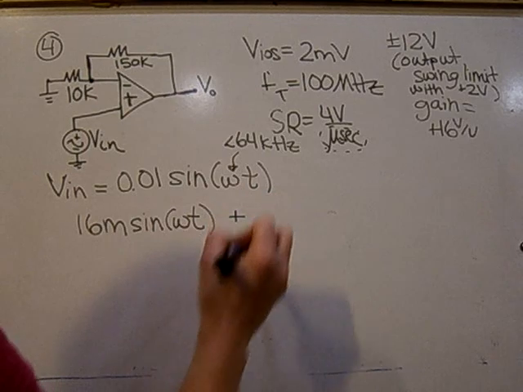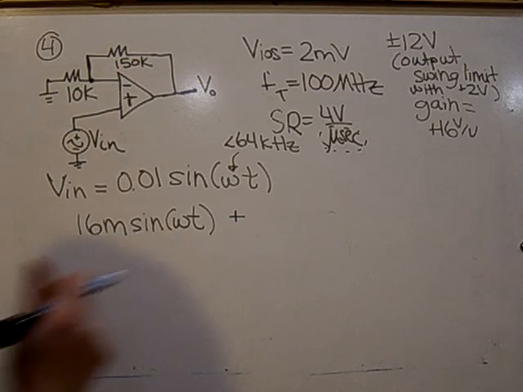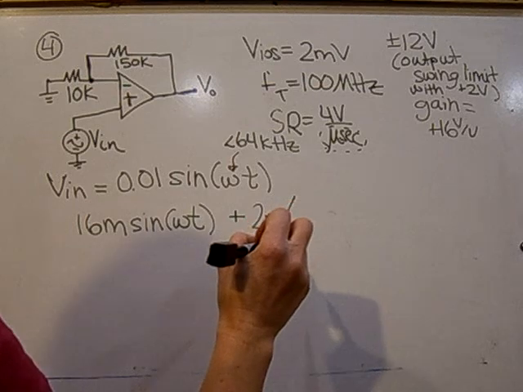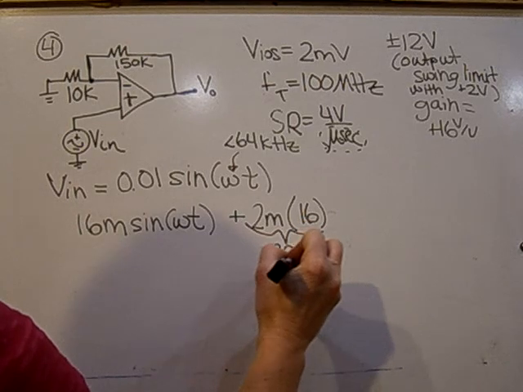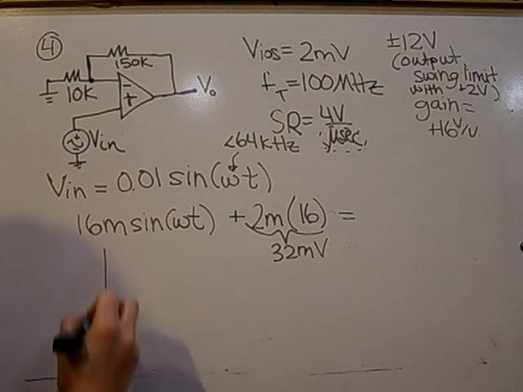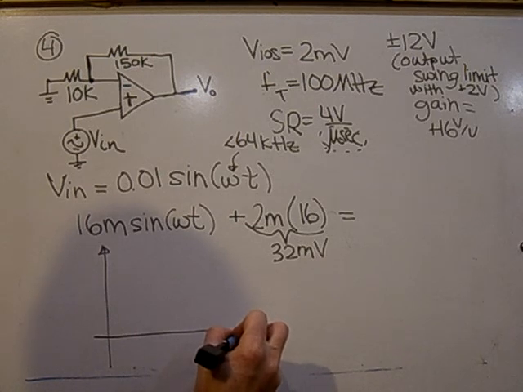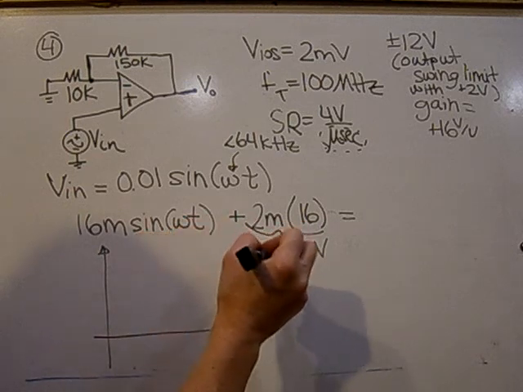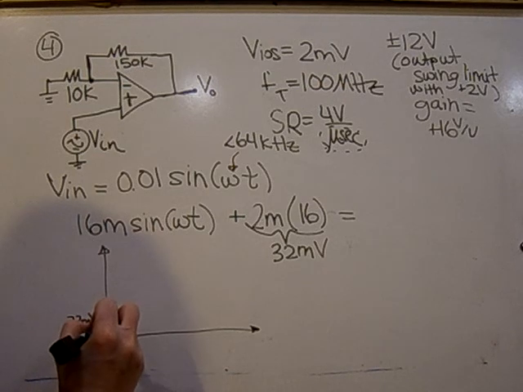Plus we now have the offset voltage. The offset at the output is determined by the gain times the offset voltage itself. So 16 times 2 milli gives another additional 32 millivolts. Looking at a graph, which we assume is centered around 0 on the sinusoid out, it ends up not being around 0. It has a DC shift of approximately 32 millivolts.